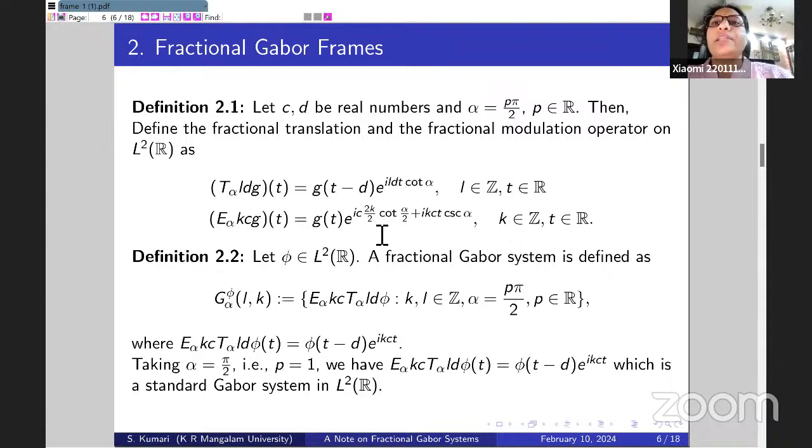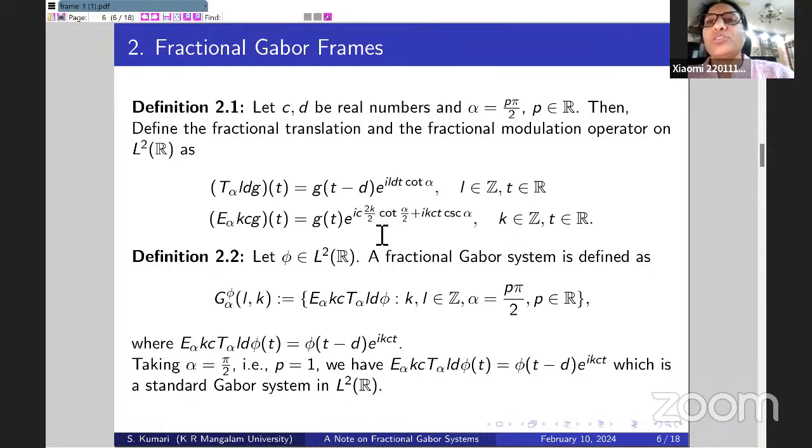Then the fractional translation and fractional modulation operators on L2R are defined as follows. This is the definition of how we do the translation part and the modulation part in L2R.